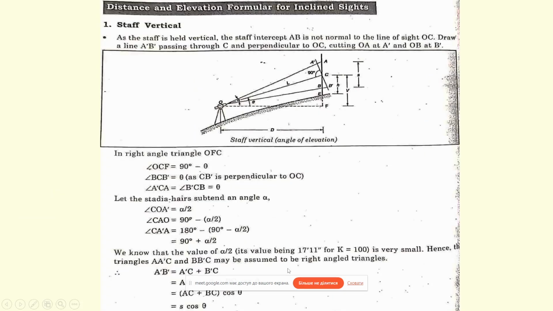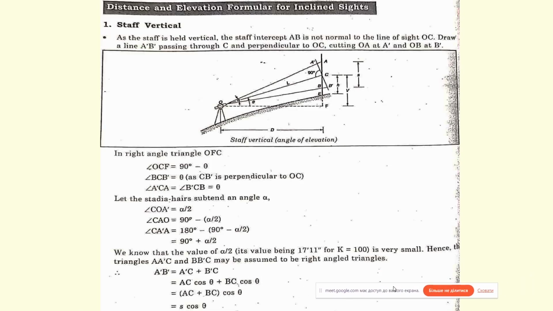Well, let's continue with tachyometric surveying. When the staff is vertical, the staff intercept AB is not normal to the line of sight, OC.